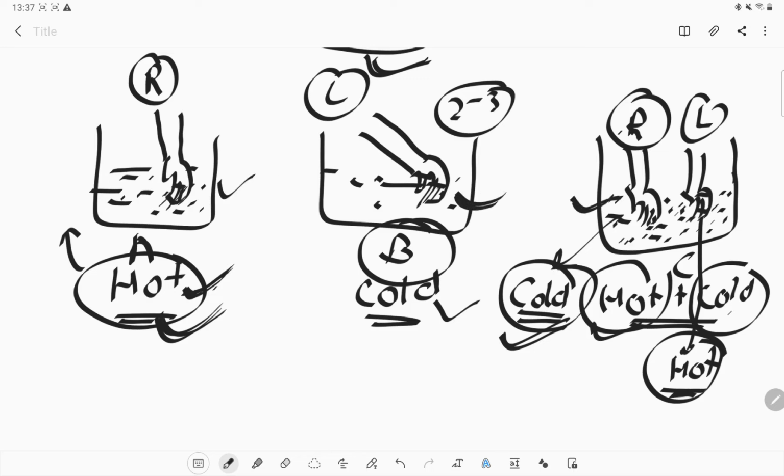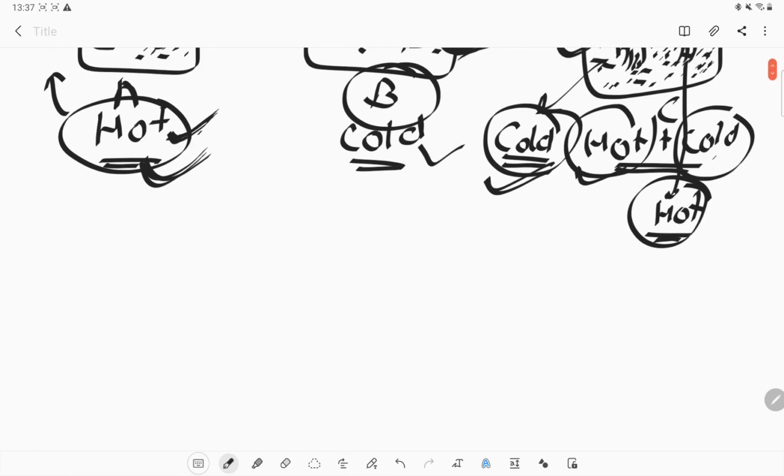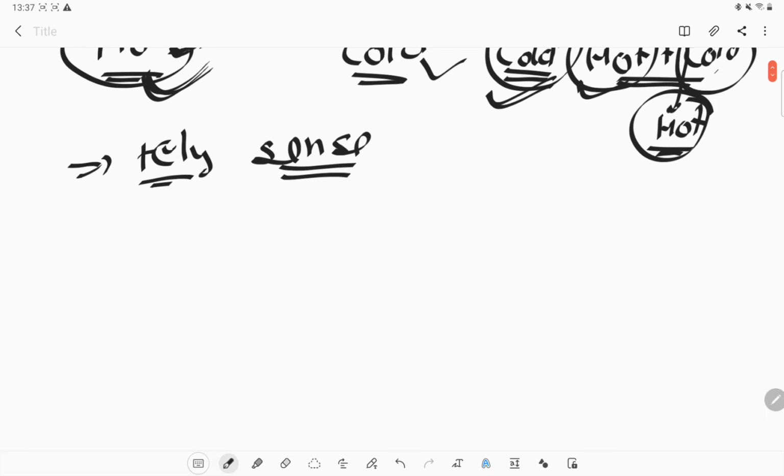And for the left hand, which was in the cold temperature, this is a little warm. That's why we have a mixed feeling. So we cannot always rely on our senses to tell whether an object is hot or cold.